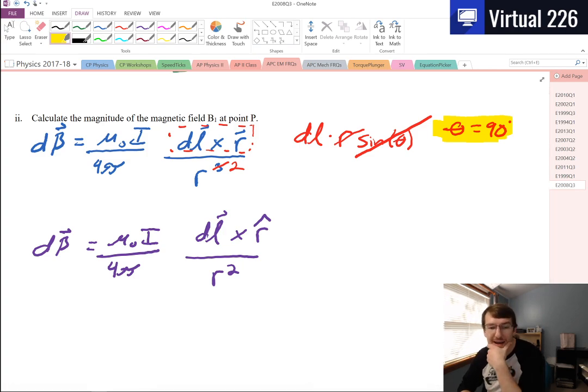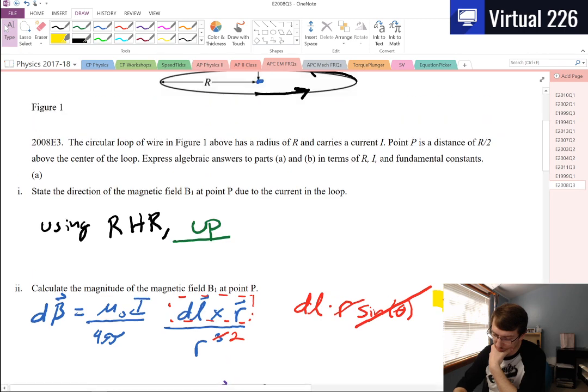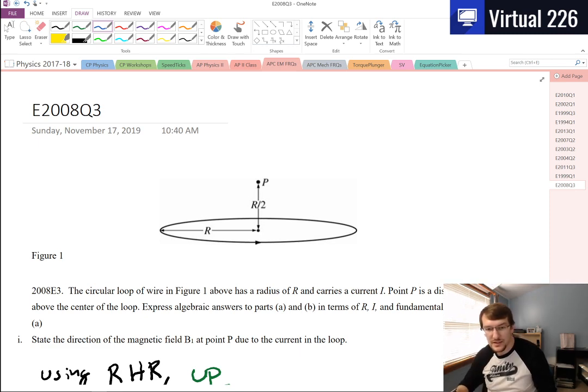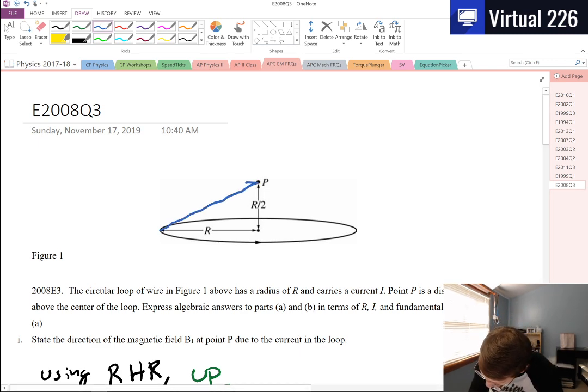What we have to do, though, is look at this problem up here in this diagram, and we're going to see some things going on here. While we have a dl vector here, in order to get to this P position right here, this is some radial distance r.